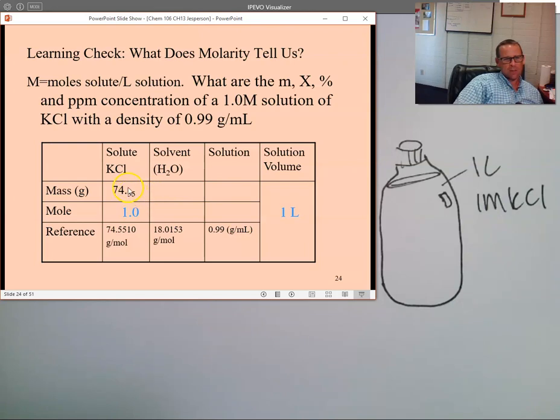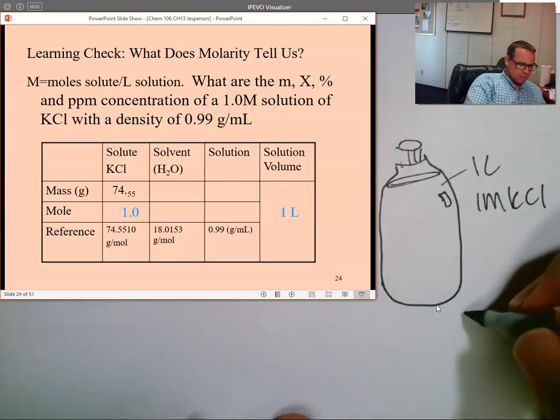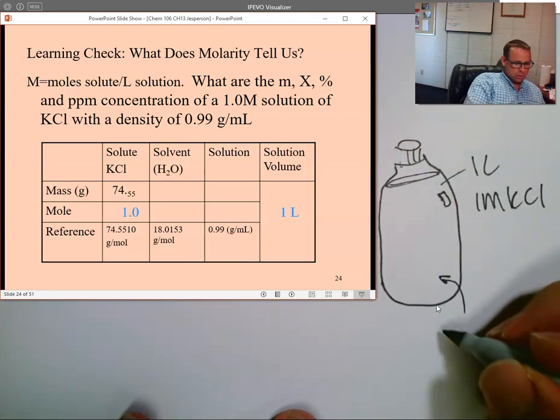Now, once I have the mass of my KCl, I can determine the mass of the total solution, this whole thing right here. What do you think, Aisha? How can I find out what the mass of this total solution is?